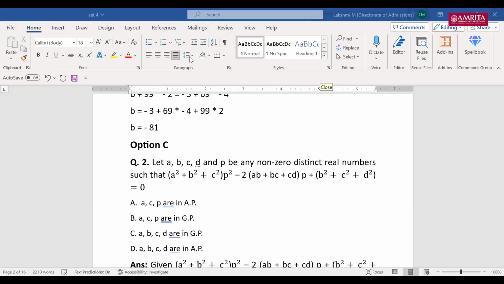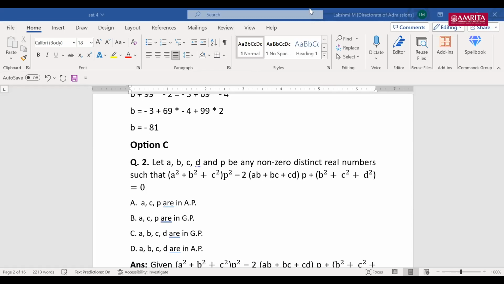Okay, I got an answer like ABCD are in AP, ABCD are in GP. I got two options here, option C and option D. Those who have already completed the question, I request everybody to revisit it and confirm whether you have done everything correctly and shown everything properly.